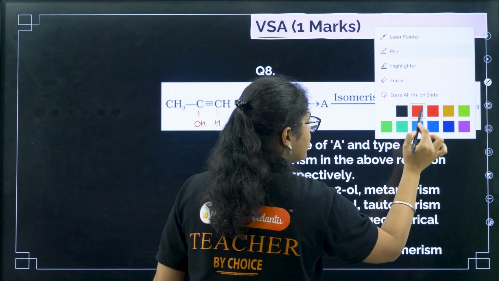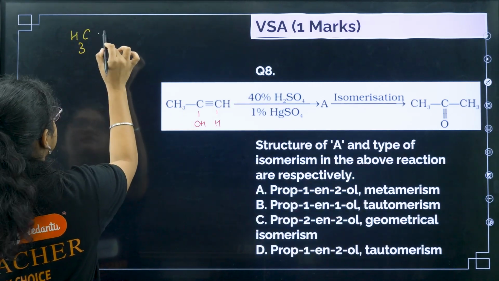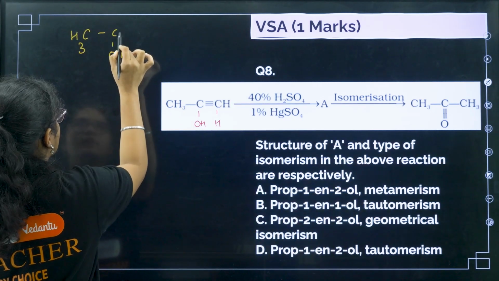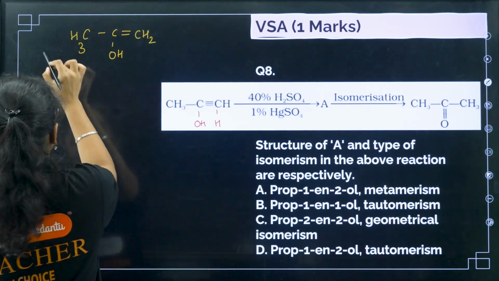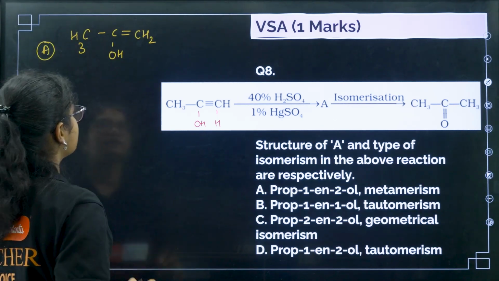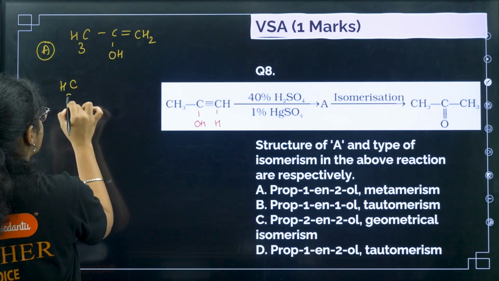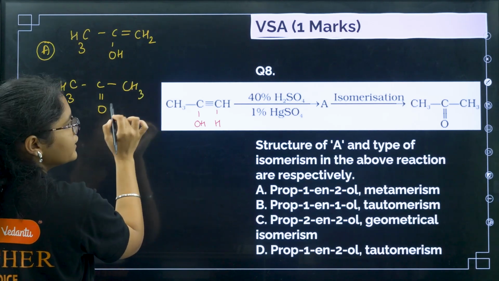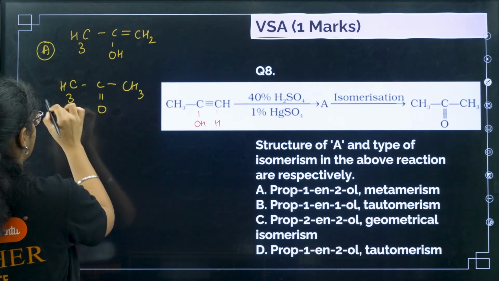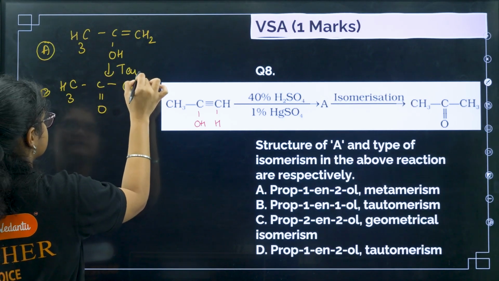So A will be CH3 C(OH)=CH2. After that, tautomerization takes place and we get CH3 C=O CH3. So this is B, the product given. This process is tautomerization.